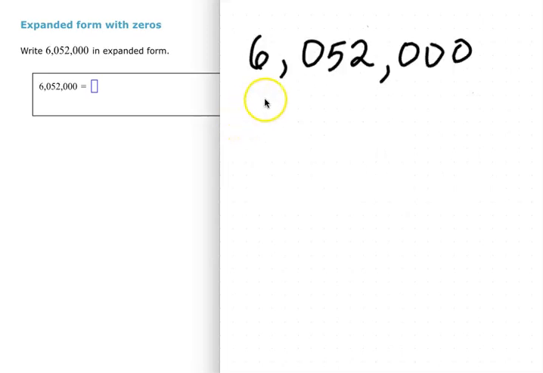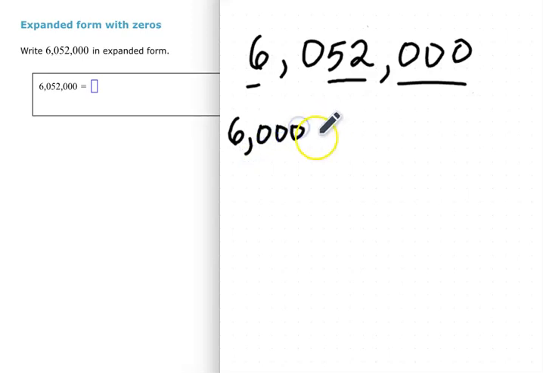Okay, let's try this one here. I am looking at the number 6,052,000. And that's it, because I don't have any hundreds, tens, or ones. Okay, so first we're going to write down the big one, 6 million. Okay, got 6 million.